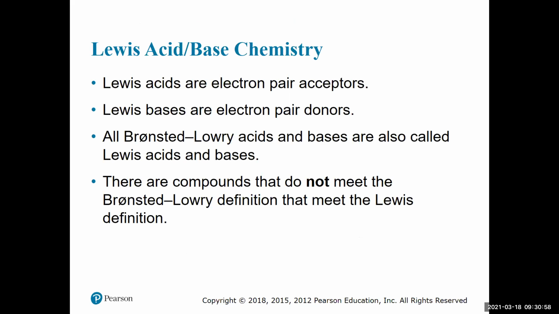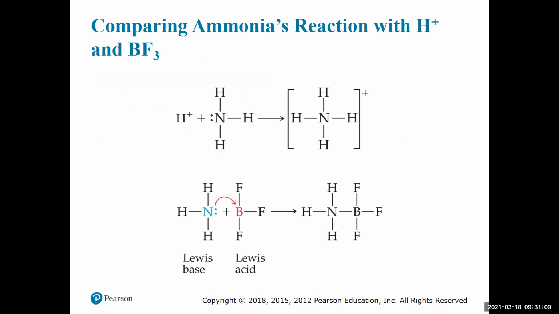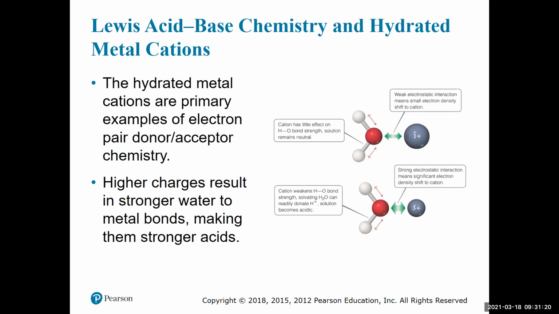But in all honesty, getting into Lewis acid-base chemistry is outside the scope of this class. Go on and take organic chemistry and you'll get a bunch of that fun stuff. So like I said, don't spend a lot of time worrying about ammonia reacting with BF3, and I wouldn't spend a lot of time worrying about this part either.